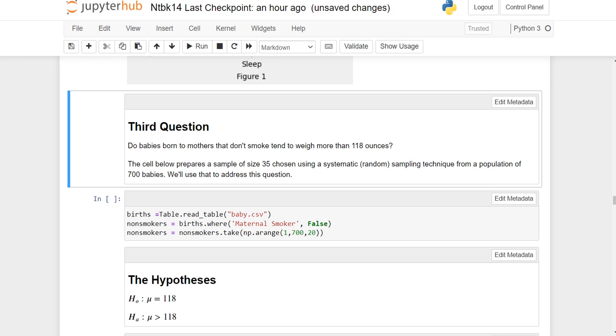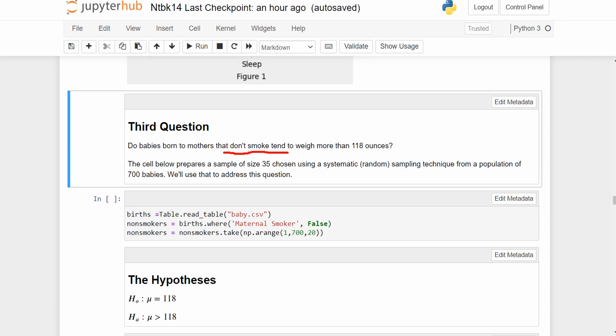Okay, do babies born to mothers who are non-smokers tend to weigh more than 118 ounces? Now we've looked at this association before, and we've seen that there appears to be a difference in the birth weight of the babies between the two groups, the smoking moms and the non-smoking moms. So here they're narrowing the question down to just one group, just focusing on the non-smokers.